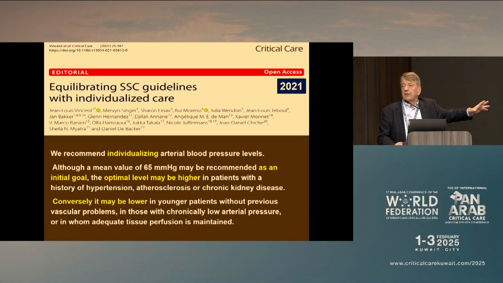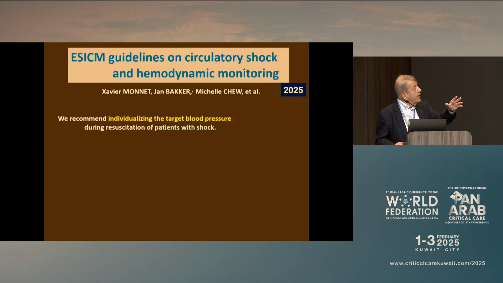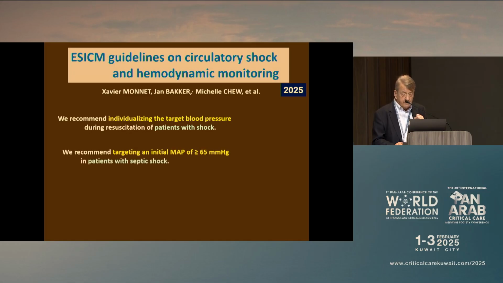And that's how, following the most recent guidelines, we wrote this paper saying, wait a minute, the guidelines do not insist enough on personalization. And so our European guidelines will come out soon. I cannot give you all the details. It's not published yet. I am in the group with others, and we recommend individualizing the target blood pressure in patients with shock in general, not only in septic shock.